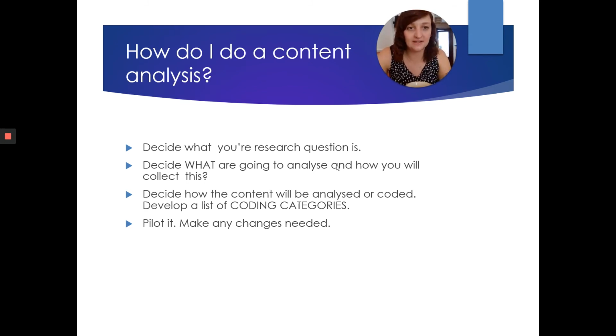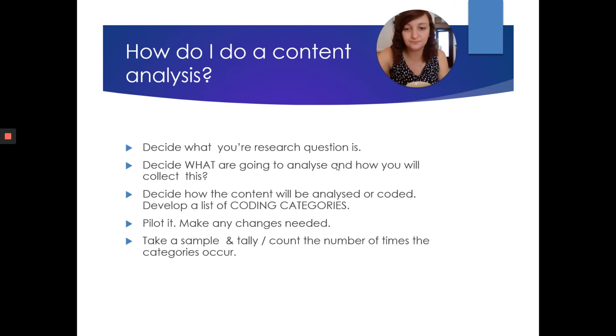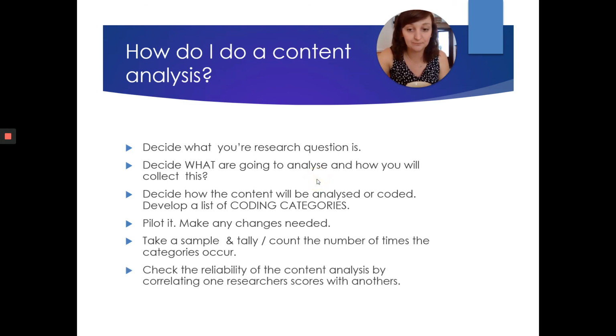We would come up with a list of categories beforehand, get a group of people who are similar, do that pilot study, see if any changes need to be made, then tally how many times each code has cropped up, and check the reliability of the content analysis, so get somebody else to do an observation, inter-observer reliability, to make sure that's the same. If it's 0.8, that's good.